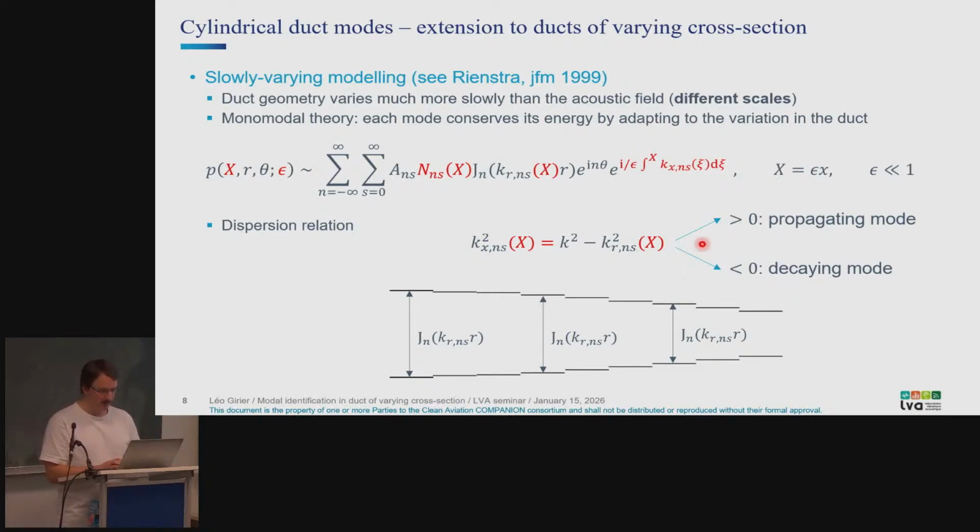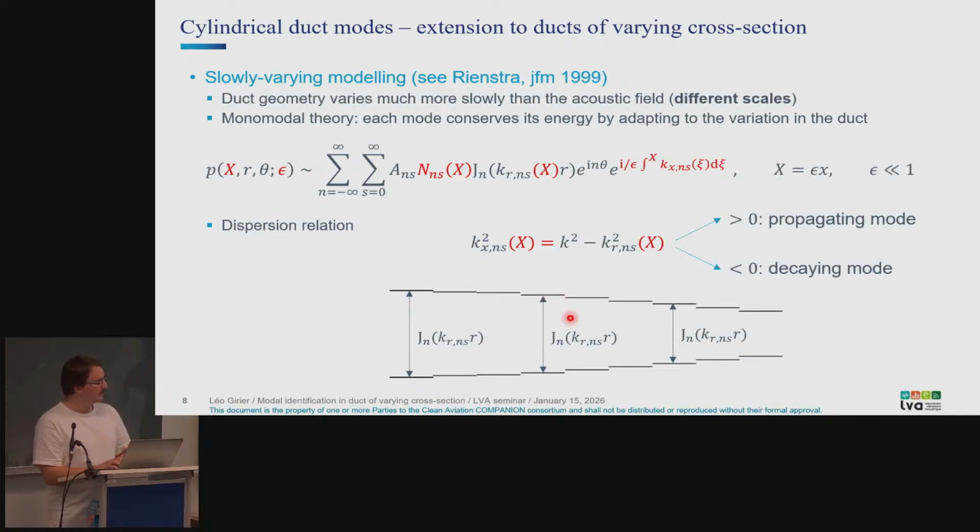And just to finish with this slide, an interesting phenomenon that can be understood already is this: if you remember, the axial wave number tells us if the mode propagates or decays. But now it is a function of x. So what can happen is that a mode propagating through the duct can at some point become what we call cut off, so decaying.